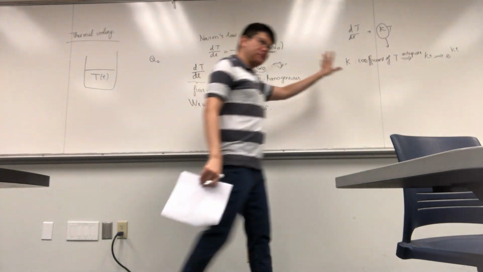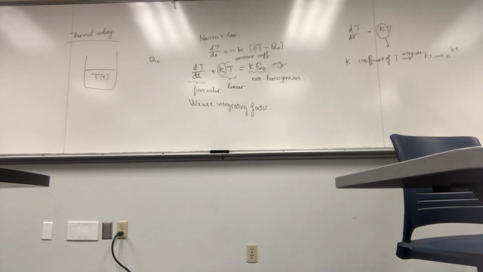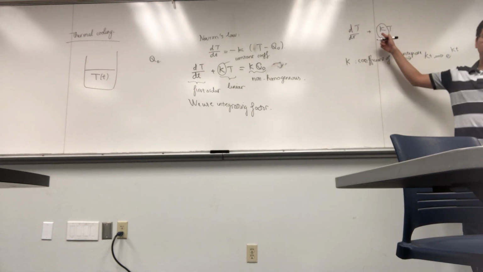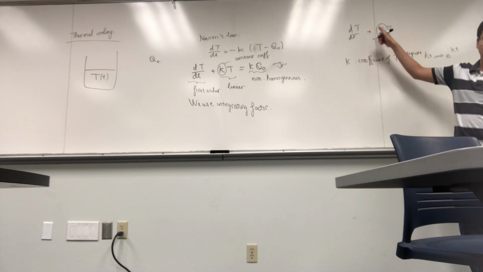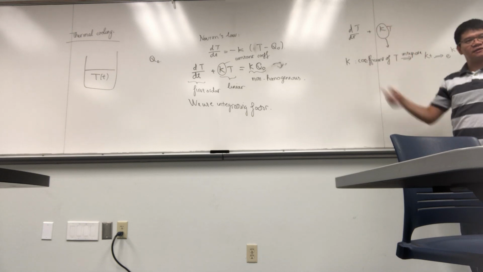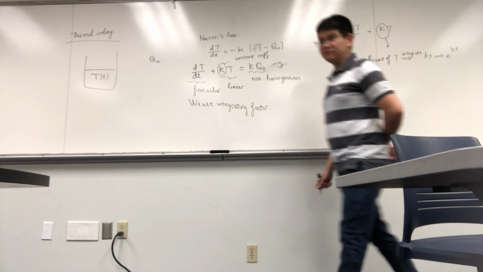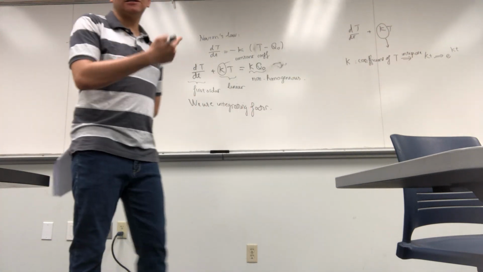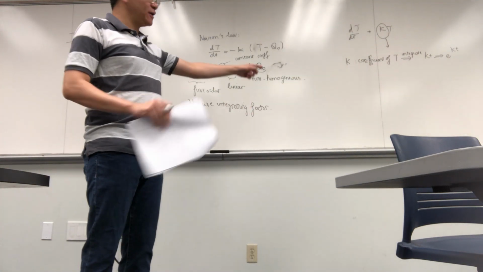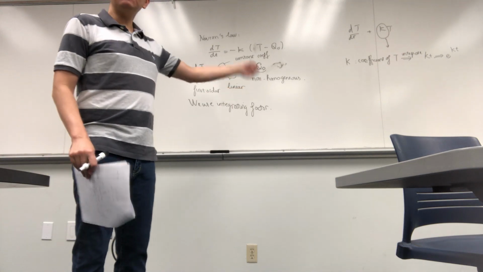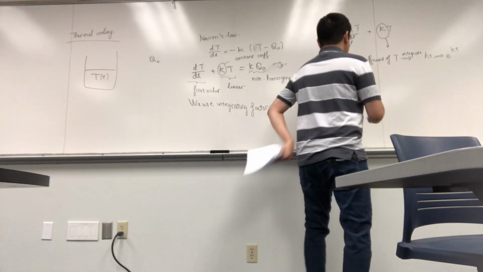To solve a first order differential equation, what you do is that you look into the coefficient of T. You take the antiderivative. In this case, this is kt, and you take the exponential, right? Now you multiply both sides with this integrating factor.